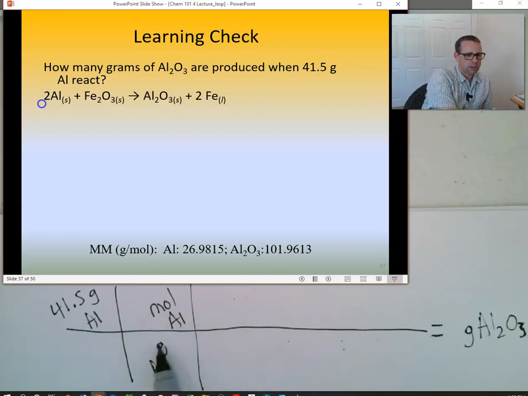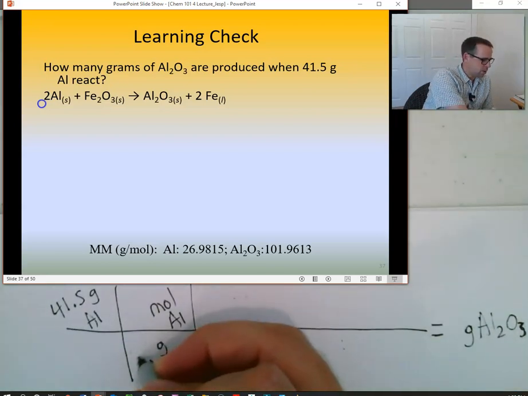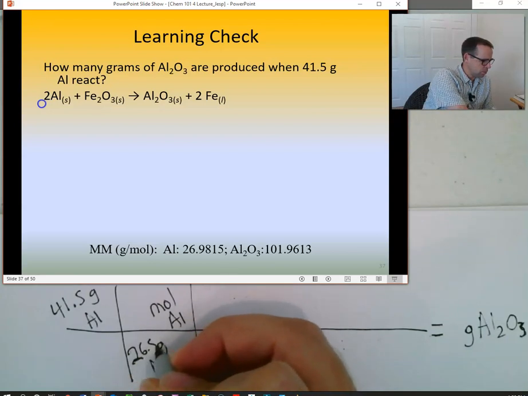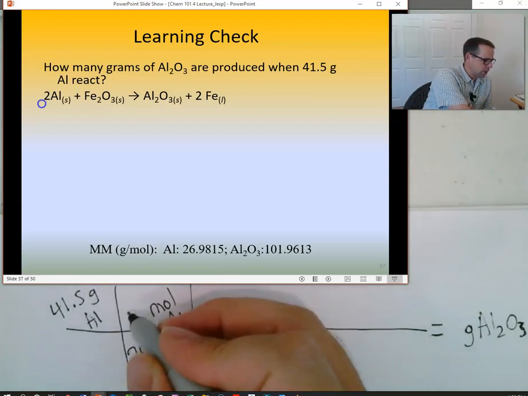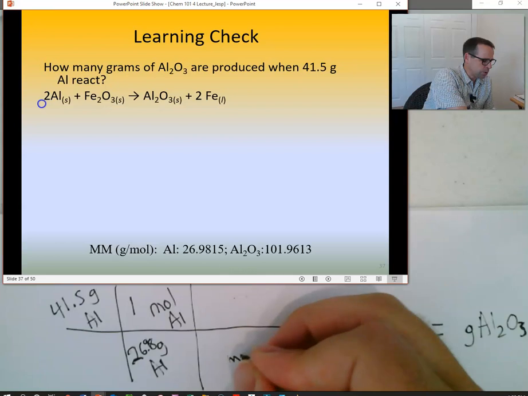So it goes down below, 26.985, for every one mole. Okay, now we're in moles of aluminum.